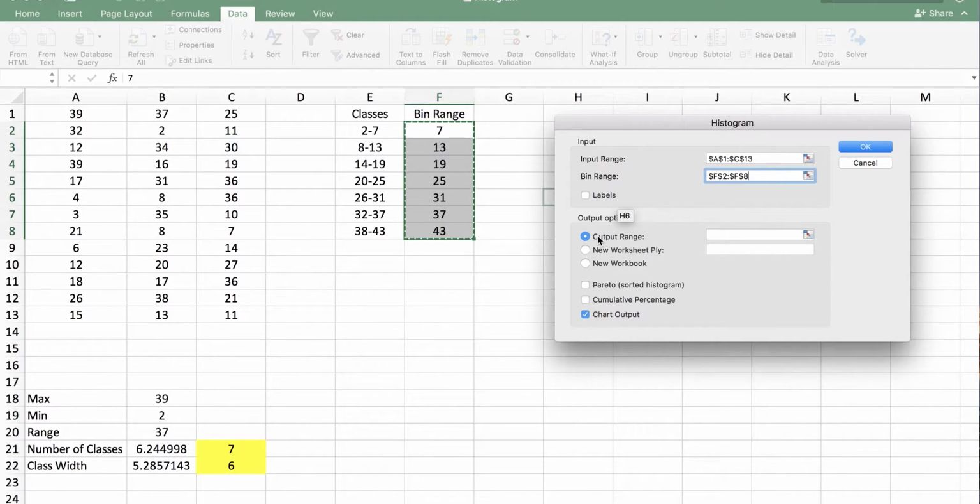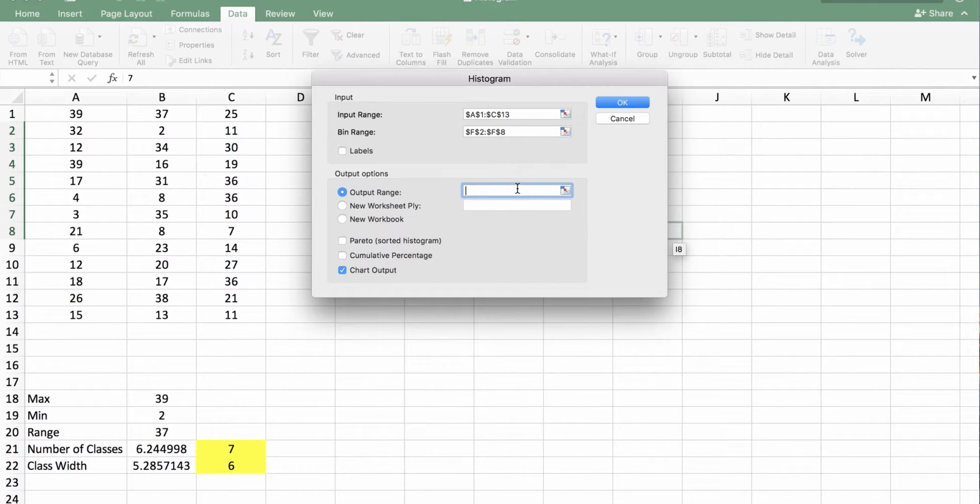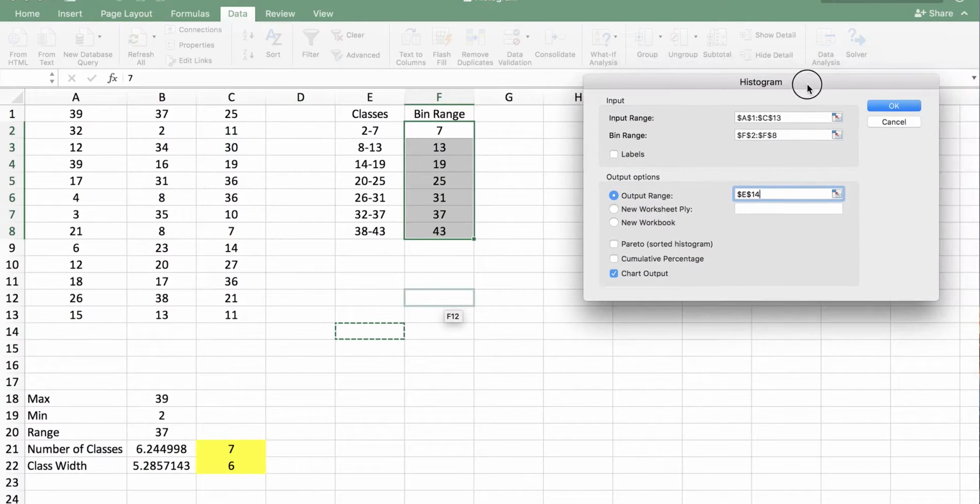Output options, I usually like to see the output on the same worksheet as the one I am working on. So I am going to select the output range and then just select an empty cell. Okay, so E14 in this case will work because I don't have anything in there. You can select a new worksheet or new workbook.